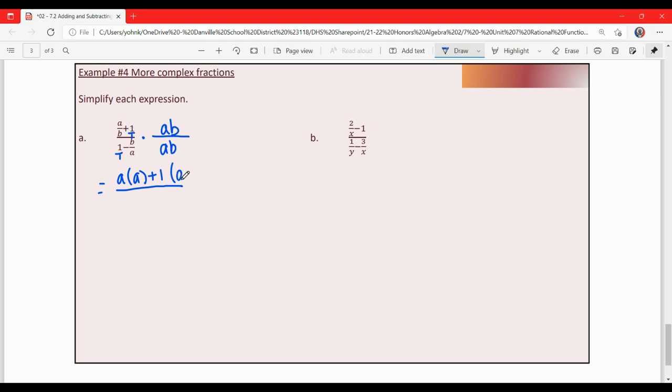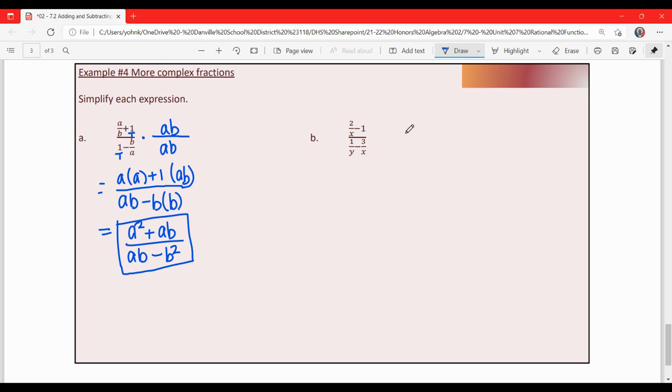Nothing's going to cancel. I'm left with AB. On the bottom, I have 1 times AB, so that's AB minus B, and then the A's will go away, and I have a leftover B. So this will give me A squared plus AB over AB minus B squared. Now remember, I cannot cancel the AB's. That would be nice. But since they're attached by adding and subtracting, I can't do anything.